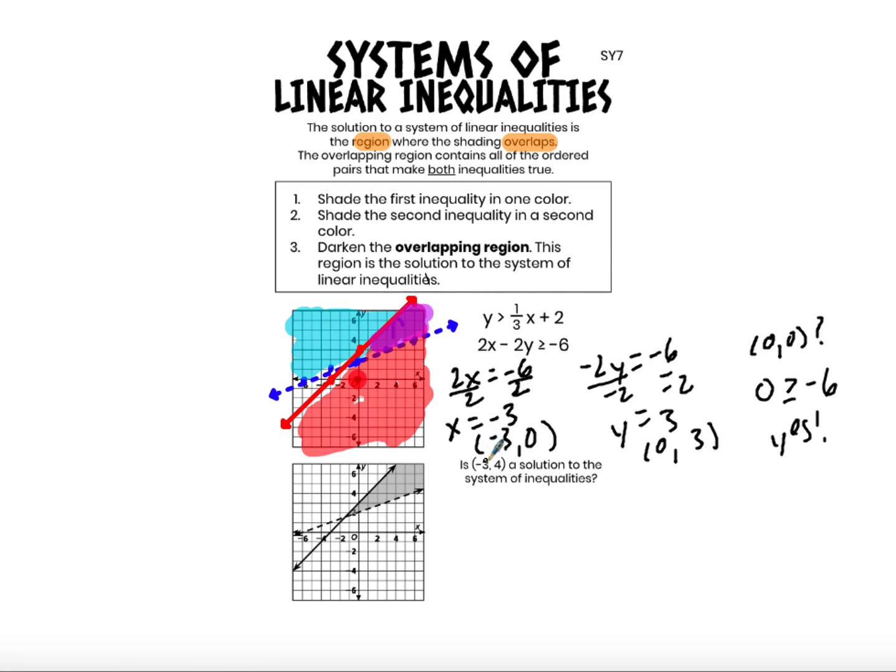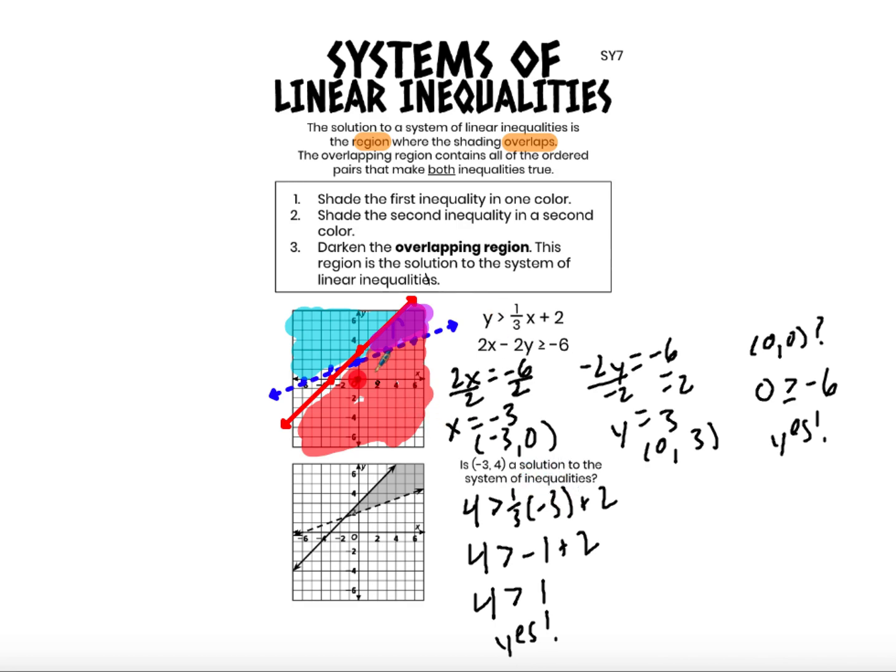So let's plug x equals -3, y equals 4 into that first inequality. Is 4 greater than 1/3 times -3 plus 2? Is 4 greater than -1 plus 2? Is 4 greater than 1? Yes. What that tells me is that this ordered pair is a solution to that first inequality.